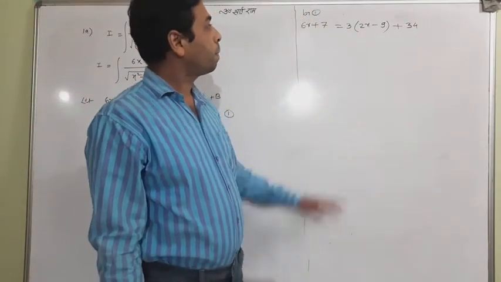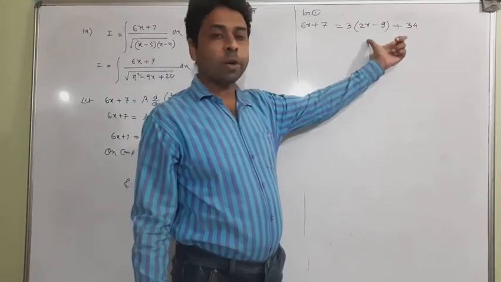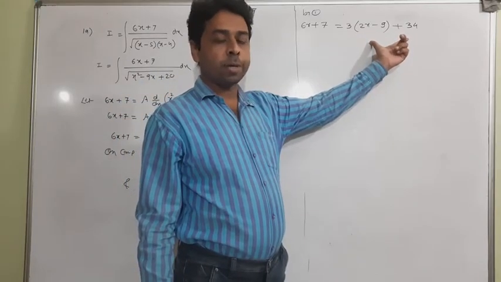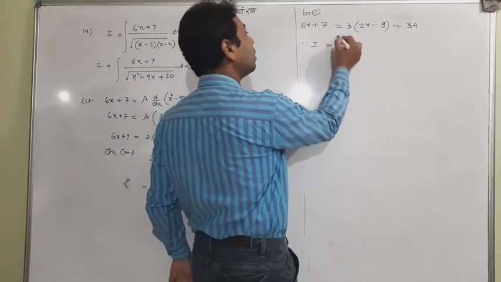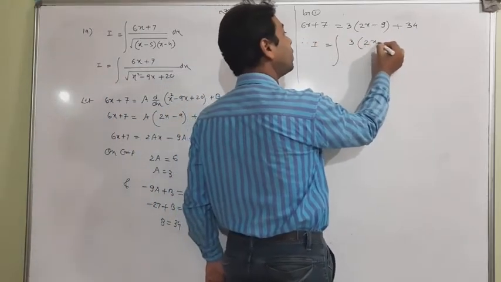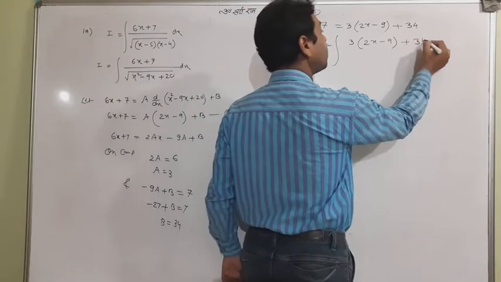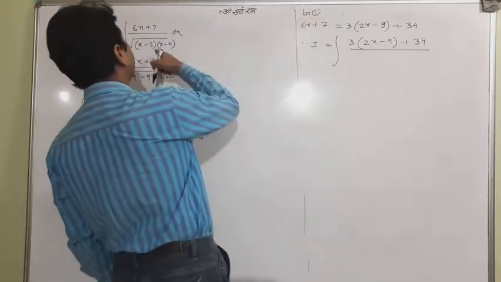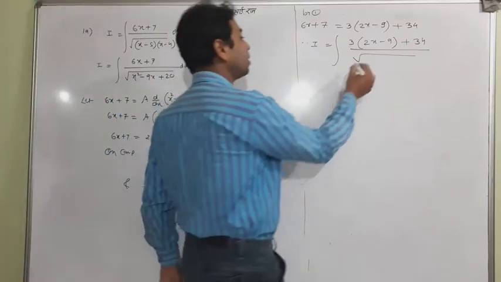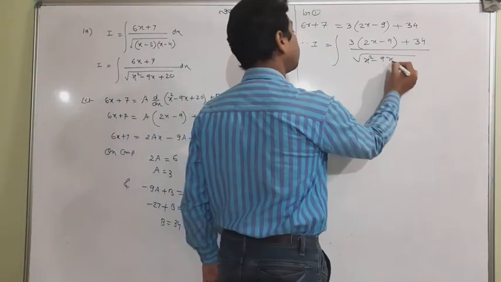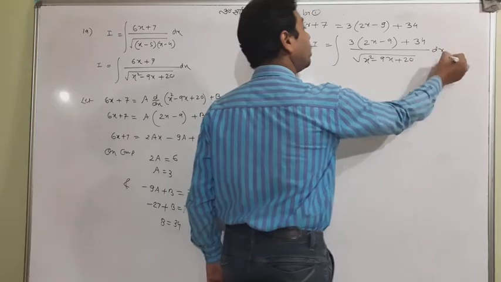Now for 6x + 7, you have got a replacement, and this particular replacement you will put in the question. So I changes to the integral of 3 into (2x − 9) plus 34, upon that whole thing. What was the question? Root of x² − 9x + 20. So the question has been changed like that.